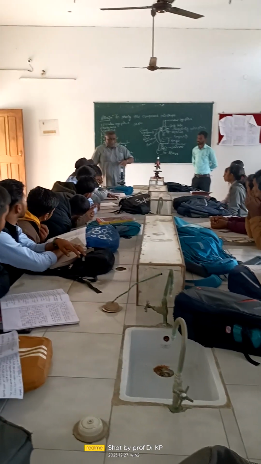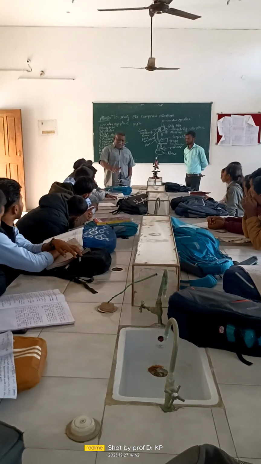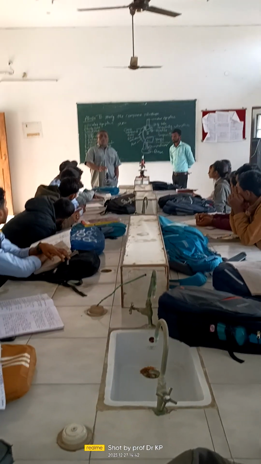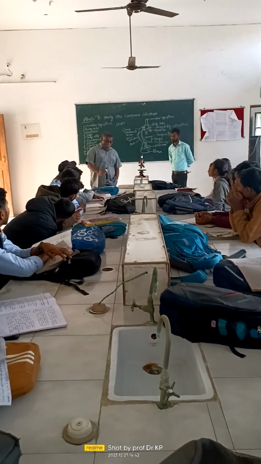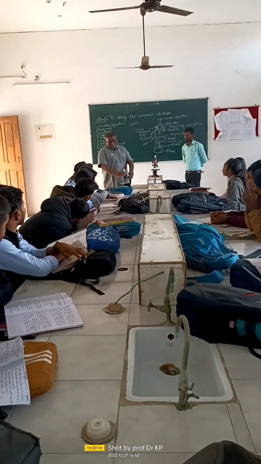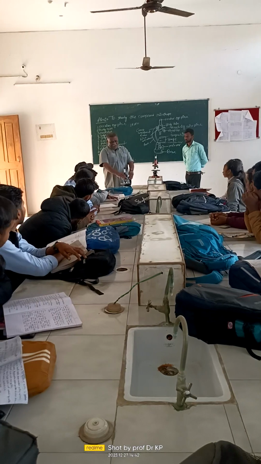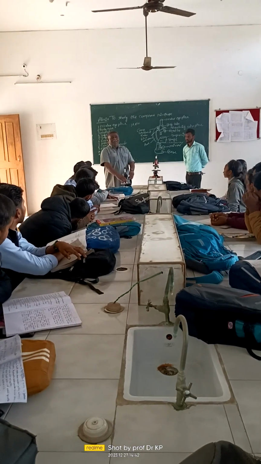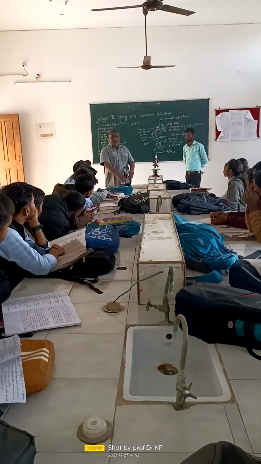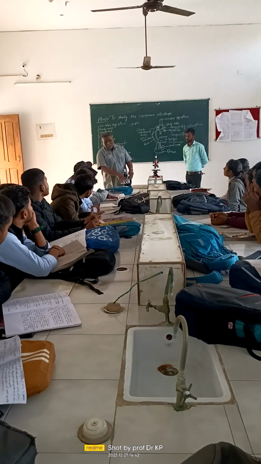This eyepiece is held by a tube called the eyepiece holder. And then this is the body tube. Below that will be the nose piece in common English, or objectives, or objective lens.